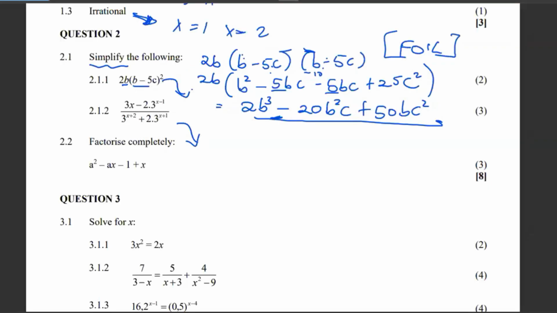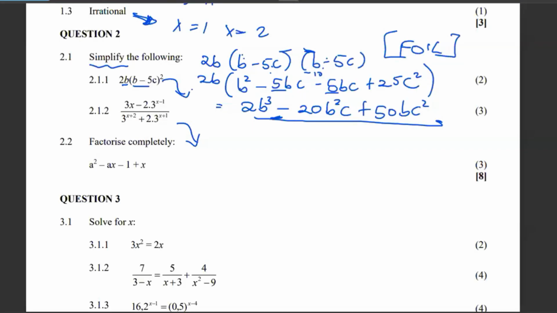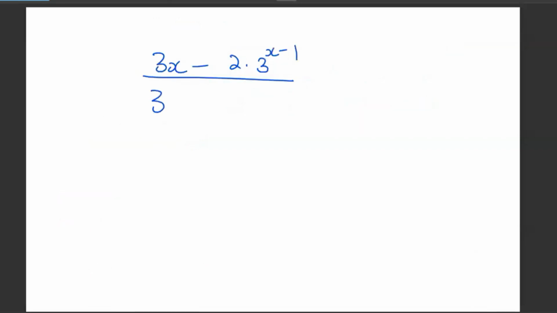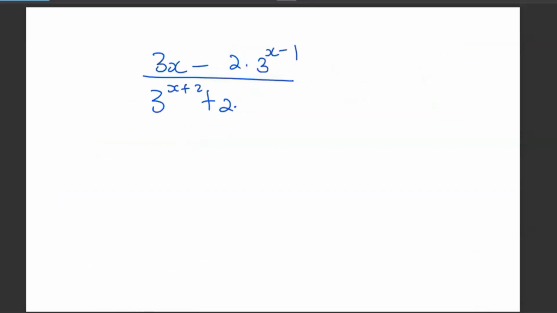Okay, so we have 3^x minus 2 times 3^(x minus 1) over 3^(x plus 2) plus 2 times 3^(x plus 1). Okay.